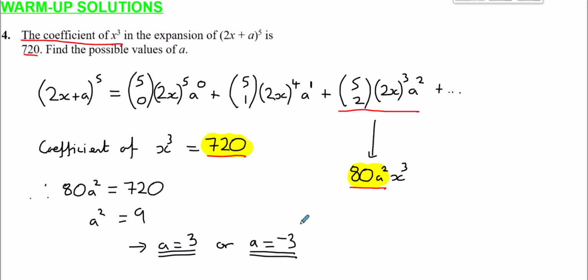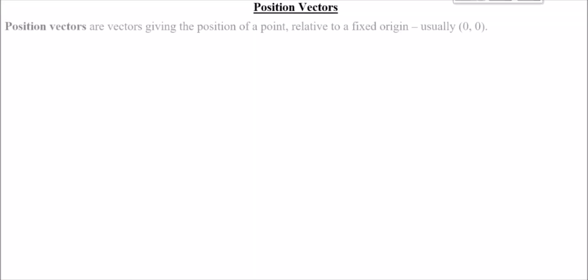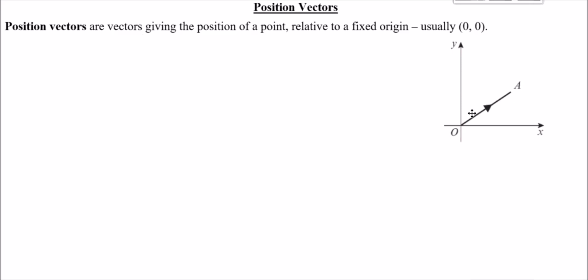So now let's have a look at the main body of this session. Position vectors. Position vectors are vectors giving the position of a point relative to a fixed origin. This origin is almost always the origin you're already familiar with, the origin on a coordinate grid, which is (0, 0). So here's a representation of a position vector.